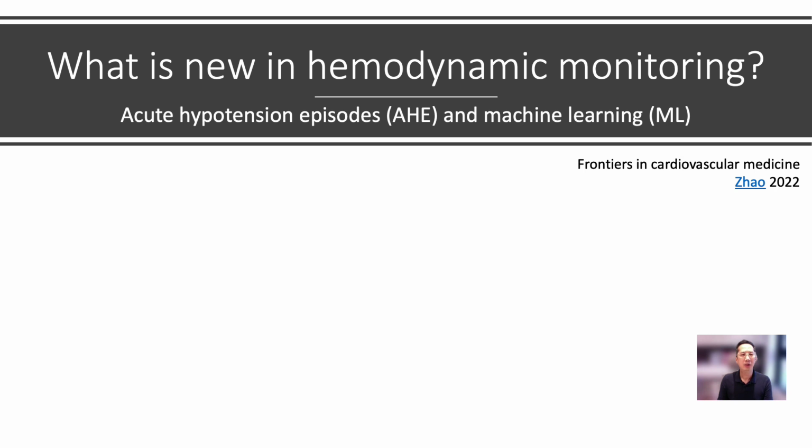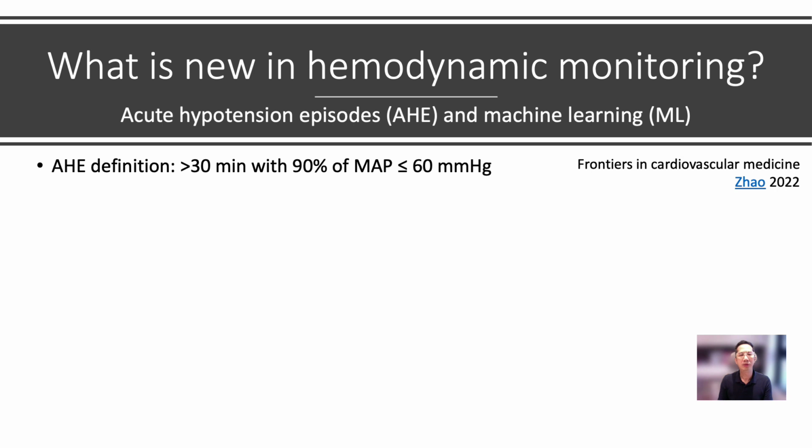Then let's take a look at the recent progress of the prediction of acute hypotension episodes using machine learning methods. First, in most of the studies, they define an acute hypotension episode as more than 30 minutes with mean arterial pressure less than 60 millimeters of mercury, and they define it as 90% of the time.